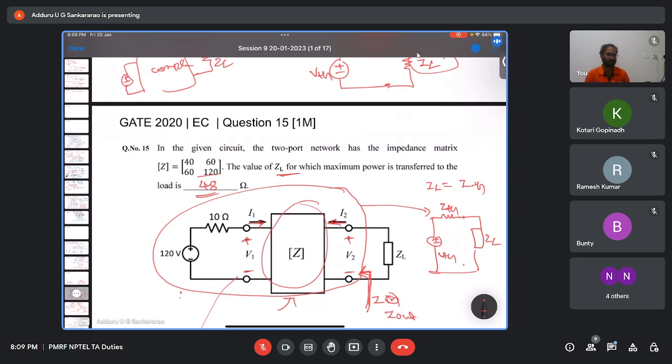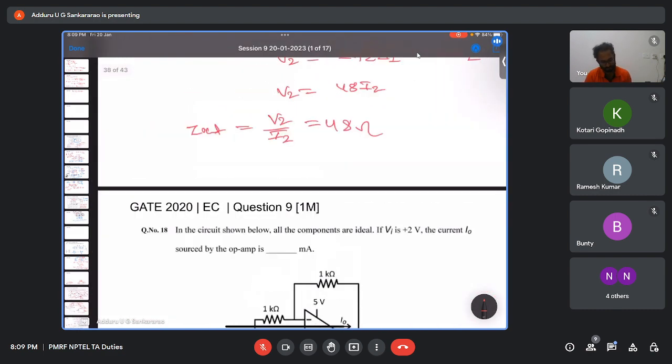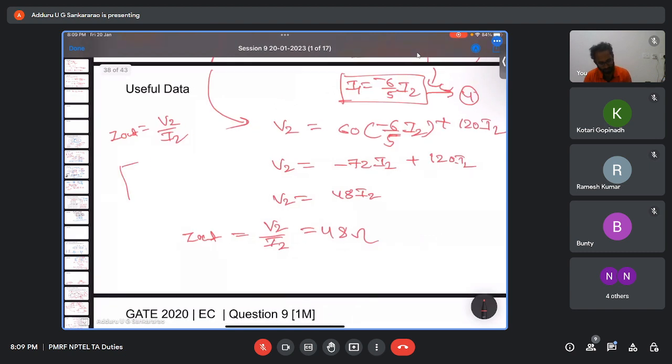So what I'm doing here is finding Thevenin's resistance. That means the resistance seen from this terminal. So you know the procedure. You disconnect the load, and you connect a voltage source here. Generally, we do like that, right? For finding output resistance, the load we will disconnect, and instead of the load, we'll keep some Vx voltage.